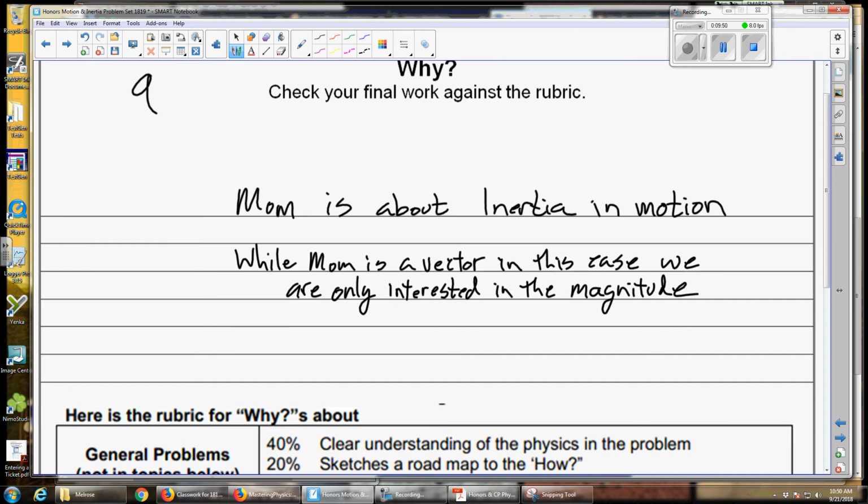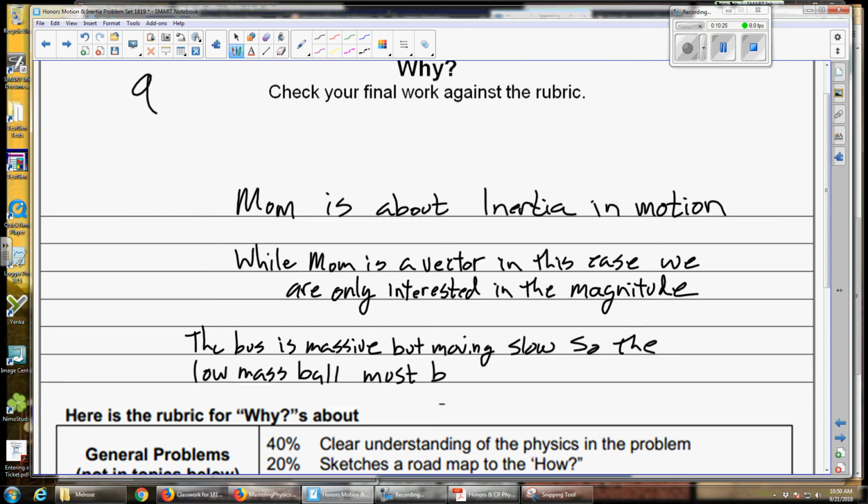So I'm going to say the bus is massive, but moving slow, so the low mass ball must be moving fast to have the same momentum.